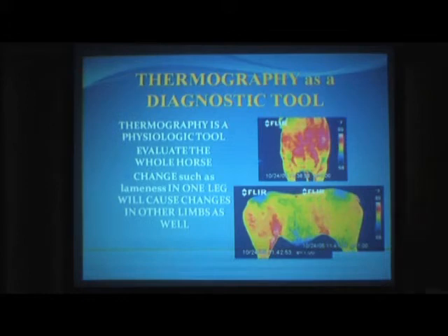This is the left side of the horse, and this is the right side. So this stifle area on this horse has got a problem on the right side. Also look at this shoulder compared to this one. There's a definite difference in the color, the blood flow to this area. There's a lot more inflammation going on here than on this side, a lot more blood flow. So there's a definite problem between the right side and the left side.